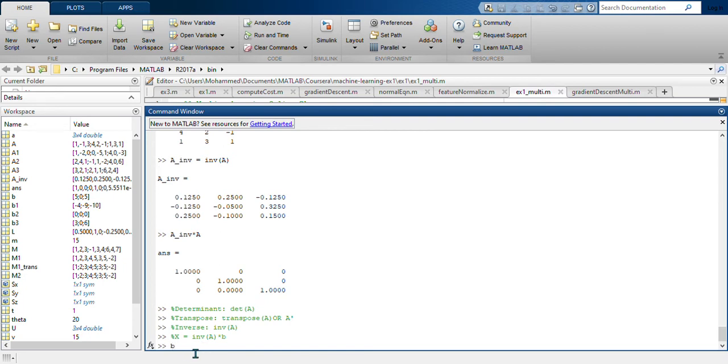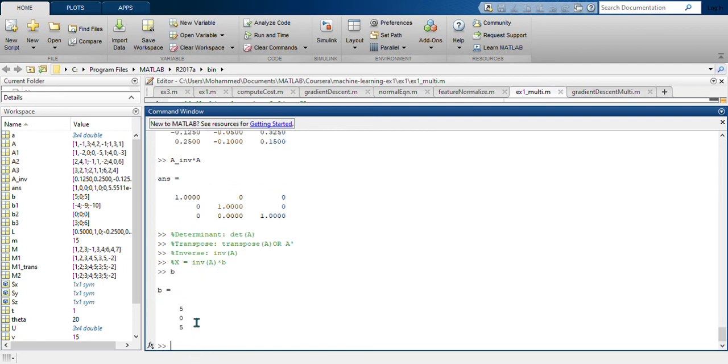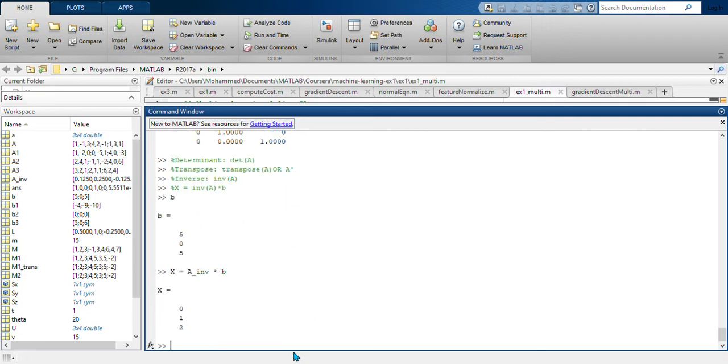So let's try to find the x values. X equal to a inverse multiplied with b. A inverse b should give us the solution to our equations, let's press enter, and you see we get x equal to 0, 1, 2.